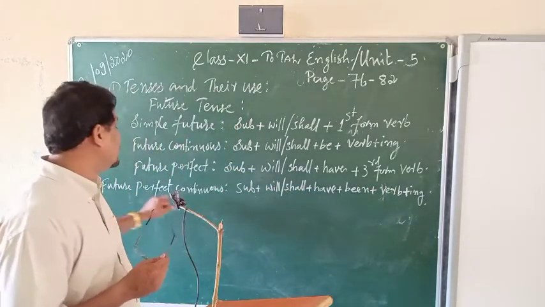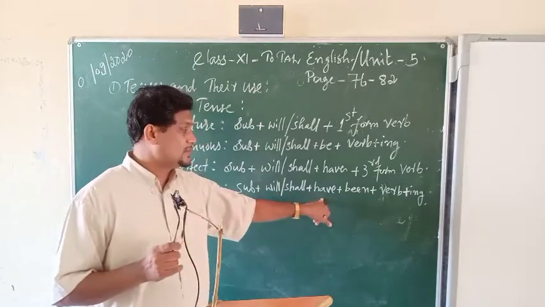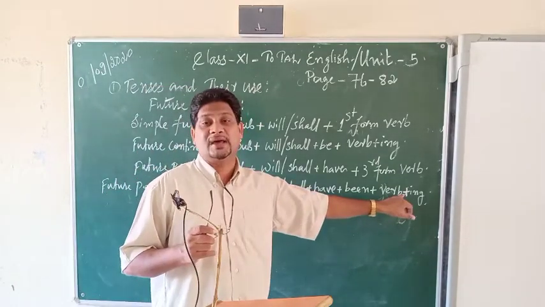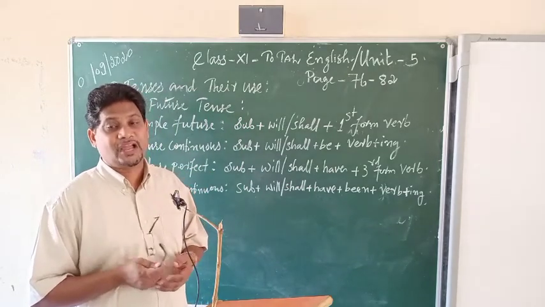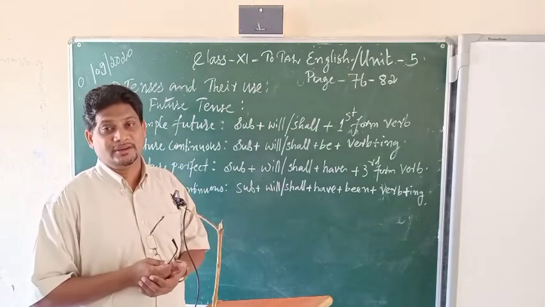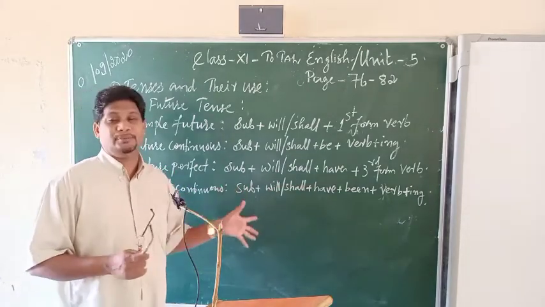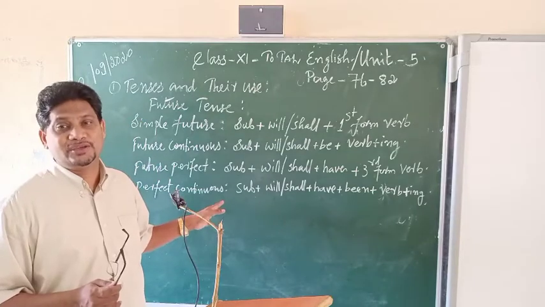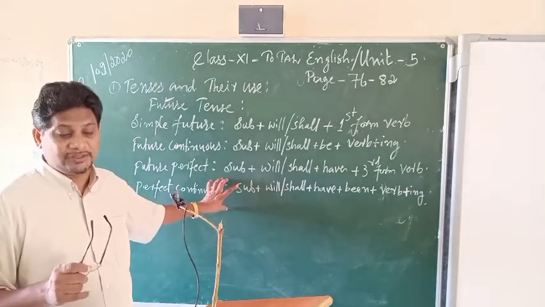I will have been writing. I will have been working. They will have been playing, like that. So that is about it. But this one is very rarely used, but it is used, and you should know these things.